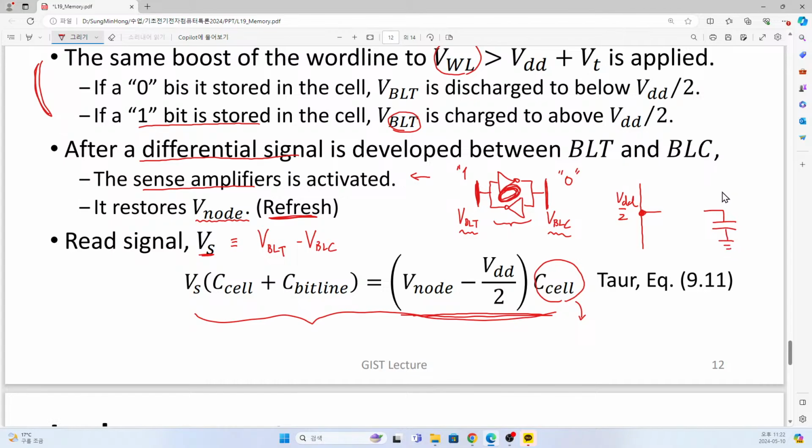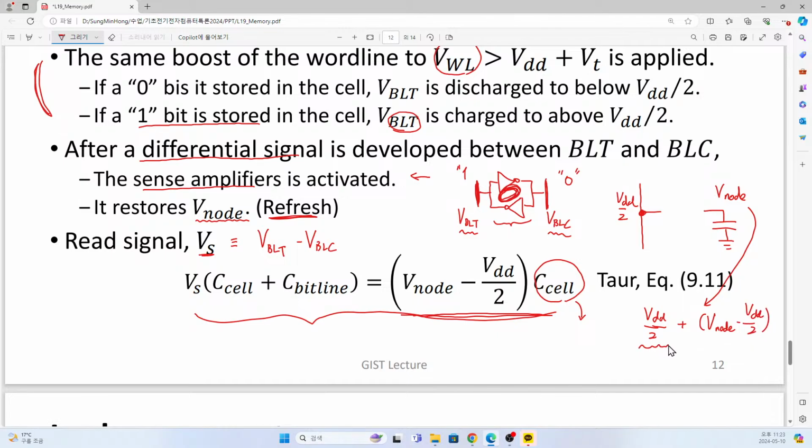So here we have a certain V node, and this V node can be decomposed into two terms: just the normal value, half VDD, common value shared with this BLC, plus V node minus half VDD.